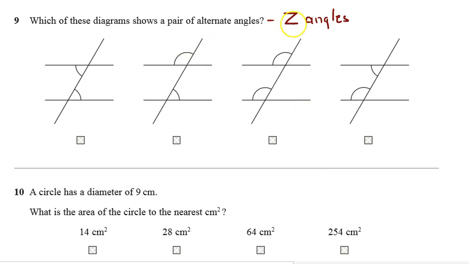Let's say this is not a Z figure, this is also not a Z figure, this is not a Z figure, and this is a Z figure. So the answer is this. That's a very easy way.